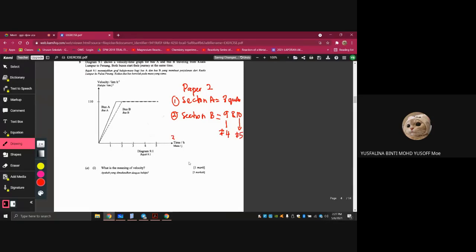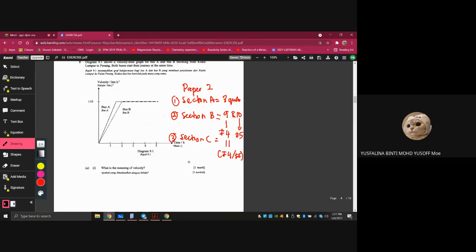Okay, and then there is section C. Section C is question number 11. This one can be from form 4 or form 5. So we are not sure about that. Okay, so this is the question that you need to answer for paper 2. And section B, you can choose whether you want to answer question number 9 or question number 10.